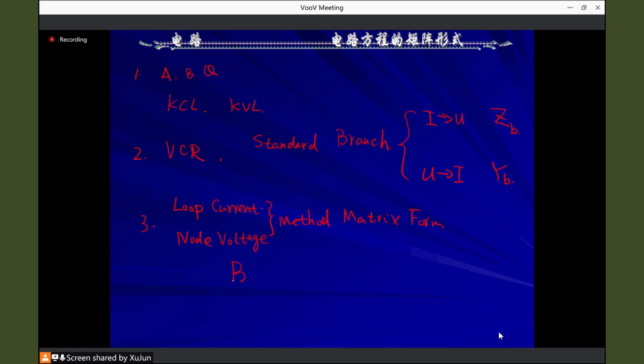B, Z, B transform IL equal to B US minus B Z IS. For the AYA transform UN equal to A IS minus A Y US. To write these two functions, we need to write the B, Z, IS, US or the A, Y, US, IS.